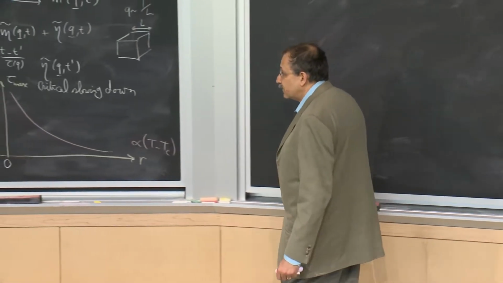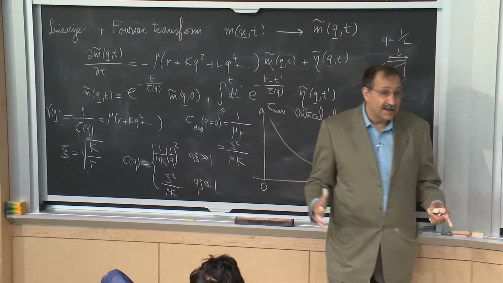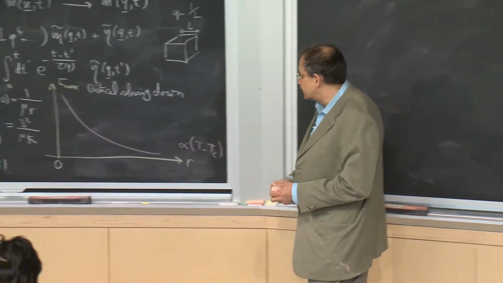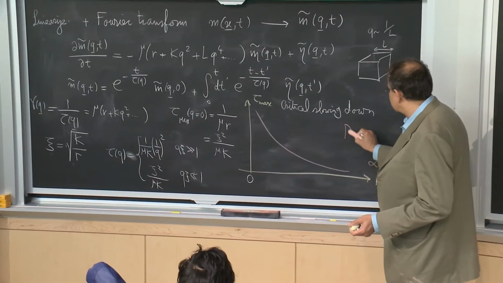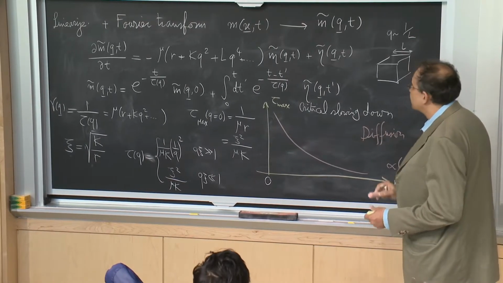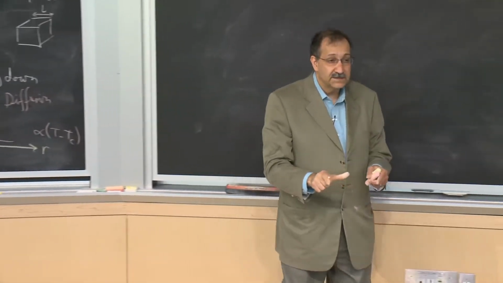Now, you have seen times scaling as length squared from diffusion. So essentially, this is some kind of a manifestation of diffusion. That is, you perturb the system, let's say at short distances.